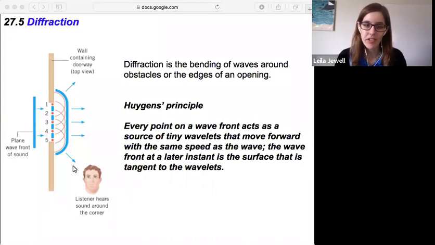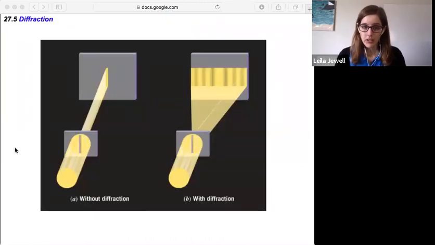And this bending can occur with light as well. Without diffraction, if you shine a light on a narrow opening, you just get a narrow opening on the end. It illuminates whatever the pattern is. But in the conditions of diffraction, which usually mean matching the wavelength and the width of the slit opening to be just right, you get a very different effect.